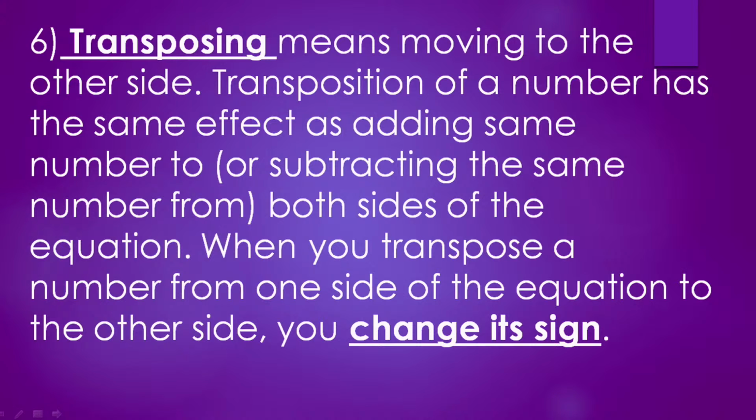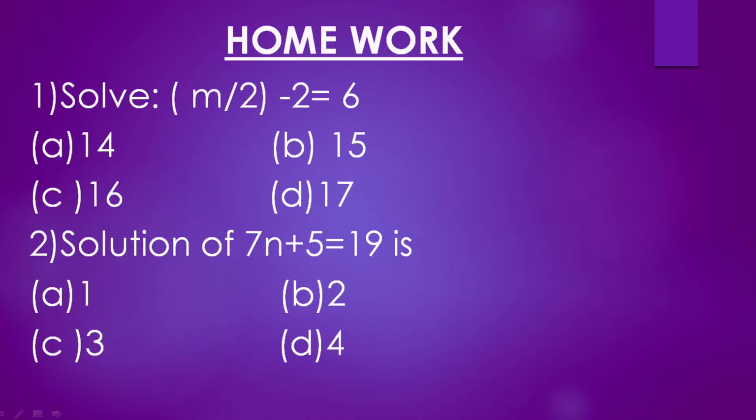Transposition of a number has the same effect as adding the same number to or subtracting the same number from both sides of the equation. When you transpose a number from one side of the equation to the other side, you change its sign.